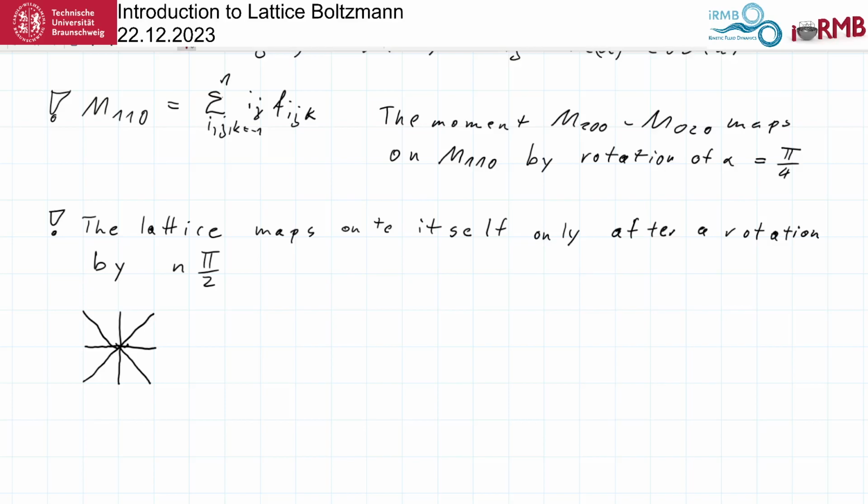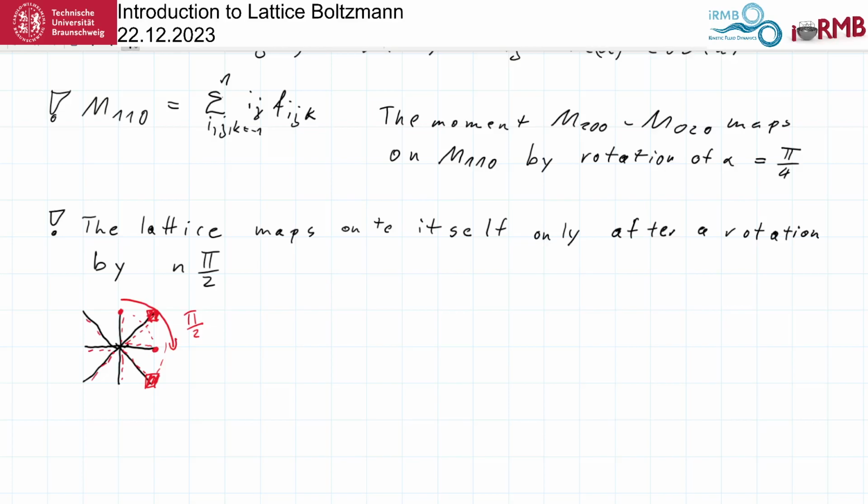Now suppose we rotate the lattice by pi half, then this point here will go here, this point here will go here, yeah? So basically, the lattice matches onto itself for this kind of rotation.